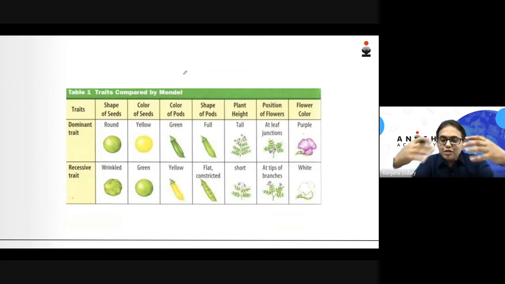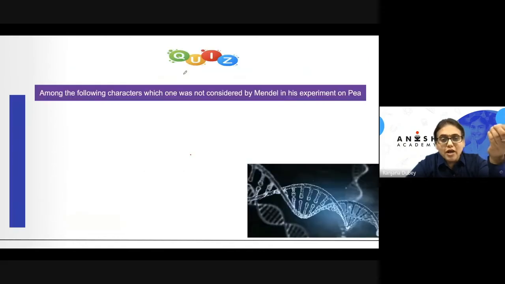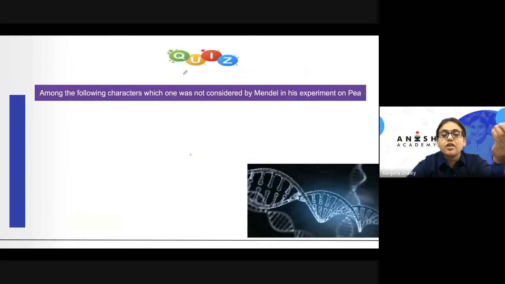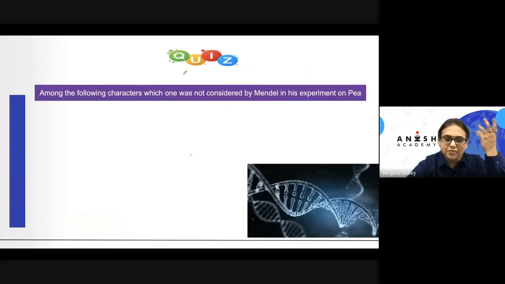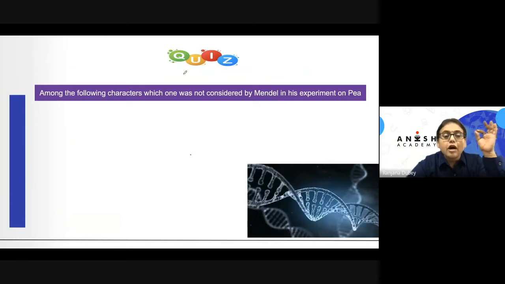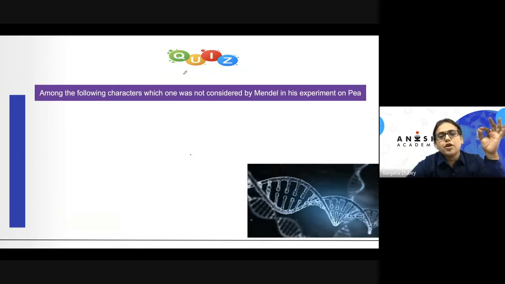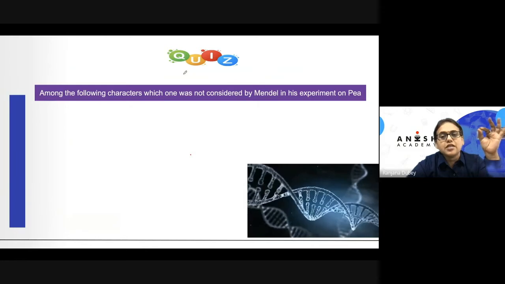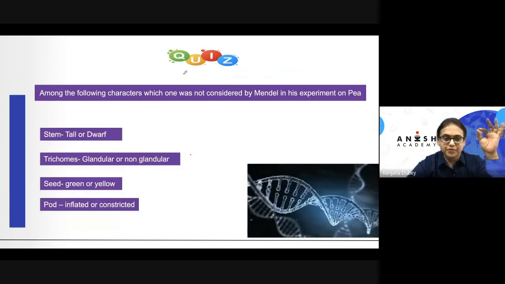Okay. Now, after we have seen the experimental setup of Mendel and why he chose the pea plant for his experiments, we are ready to take up another question also asked in the NEET examination in the year 2017. The question is, among the following characters, which one was not considered by Mendel in his experiments on pea?